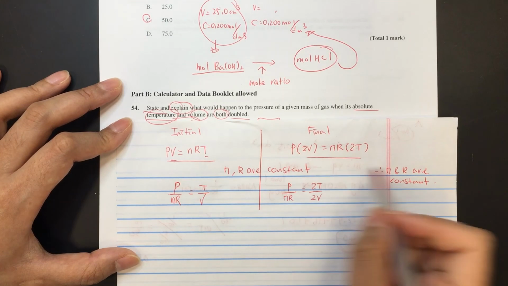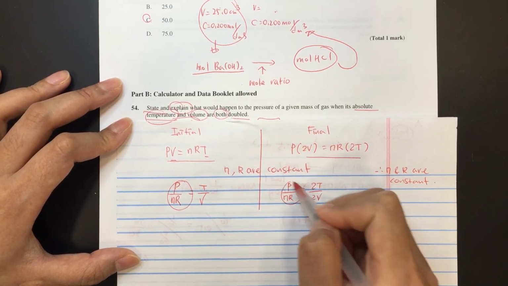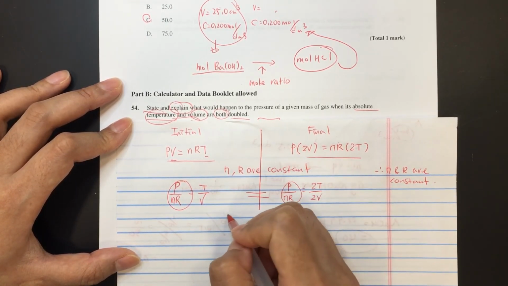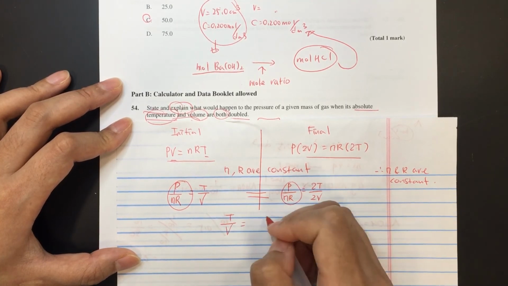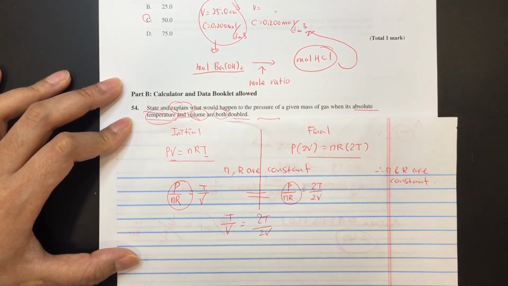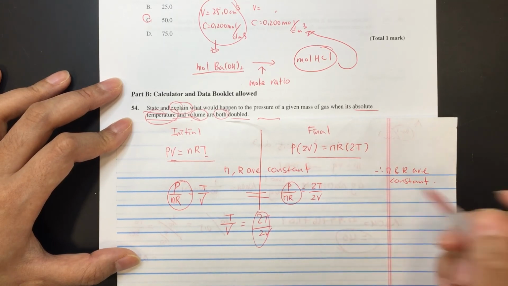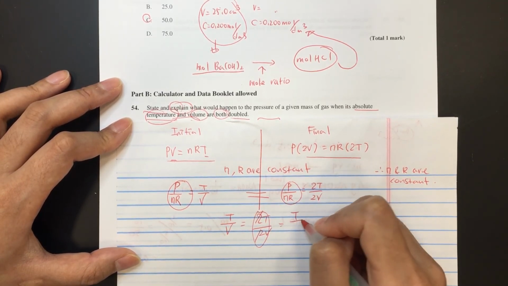Then we can set these two equal, which means T over V equals 2T over 2V, and 2T over 2V we can simplify to T over V.